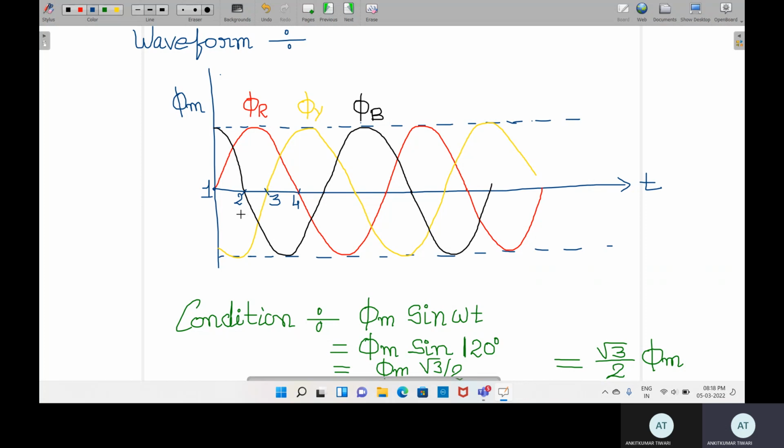But we have studied the same thing in the rotating magnetic field produced by the two-phase supply. We selected a specific instant over the half cycle. Here we are also going to select specific instants over the half cycle. So let us first go through instant one.